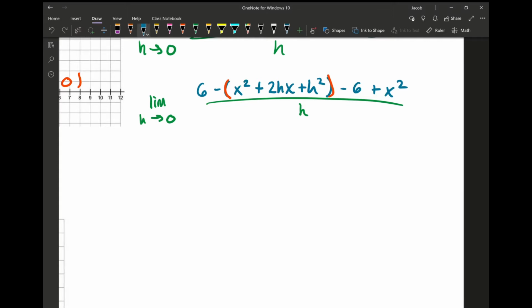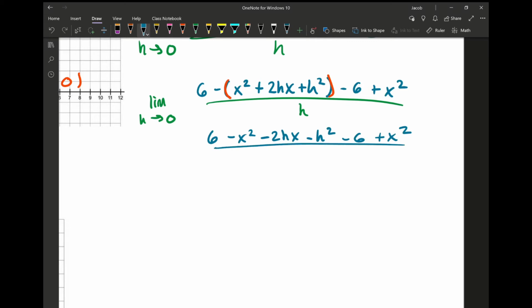So I've got 6 minus x squared minus 2hx, because I'm distributing the negative, minus h squared minus 6 plus x squared.